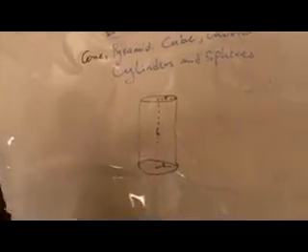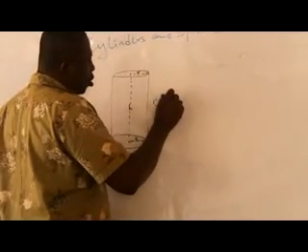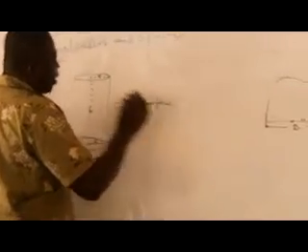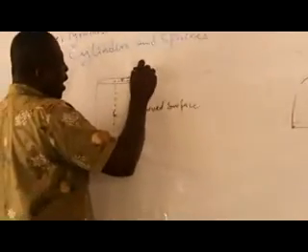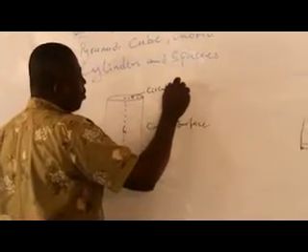So when you are looking at the volume of a cylinder, when they mention radius, you know where the radius is. When they mention height, you know where the height is. When they mention the curved surface, this place is called the curved surface. And this one is called the circular face.